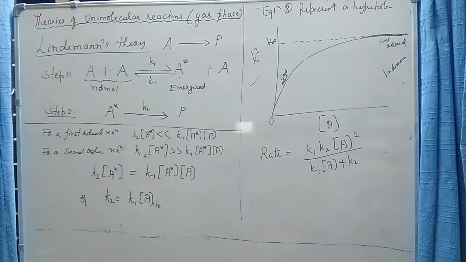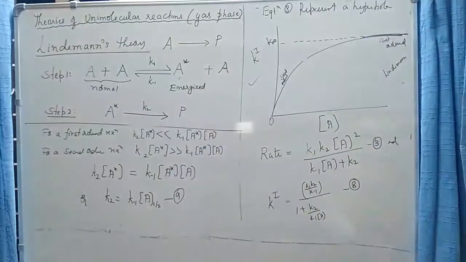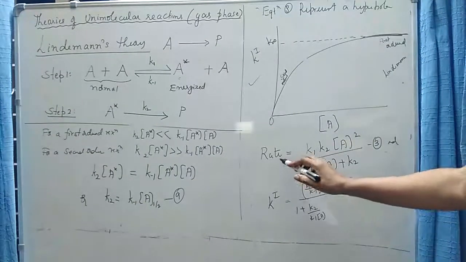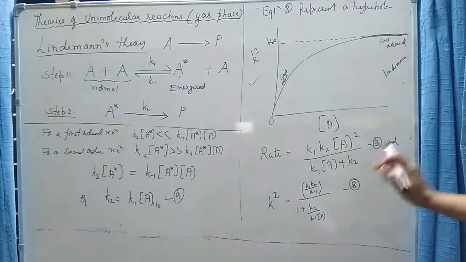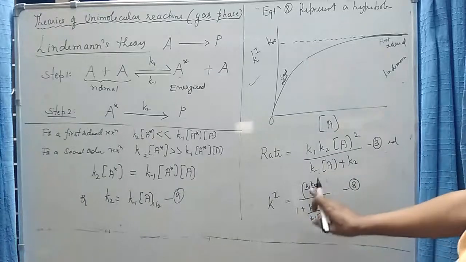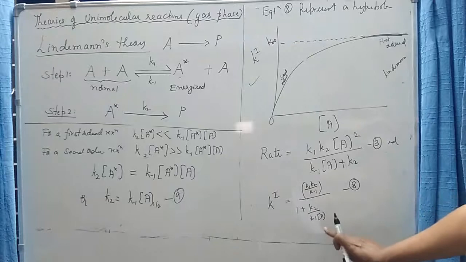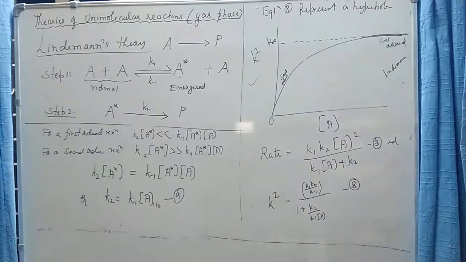This is the expression for rate. Or you can write the first order coefficient K1 as K1 into K2 divided by K minus 1, divided by 1 plus K2 divided by K minus 1 into A. Please refer to equation 8.